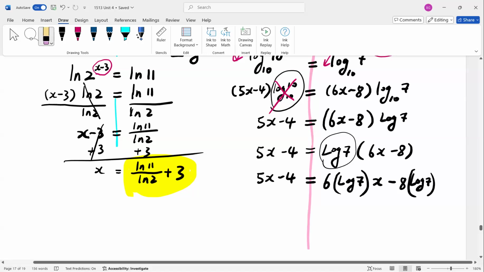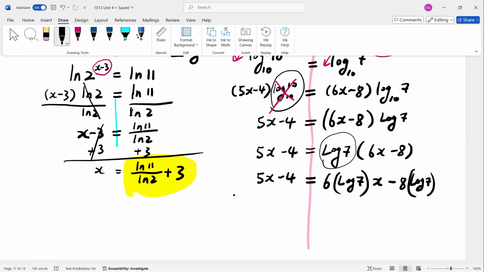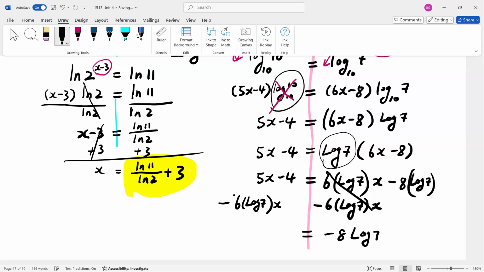This time I'm going to isolate the x on the left side, okay? We are going to subtract 6 log 7 times x from each side. Then they cancel. On the right side, we only have the number -8 times log 7.